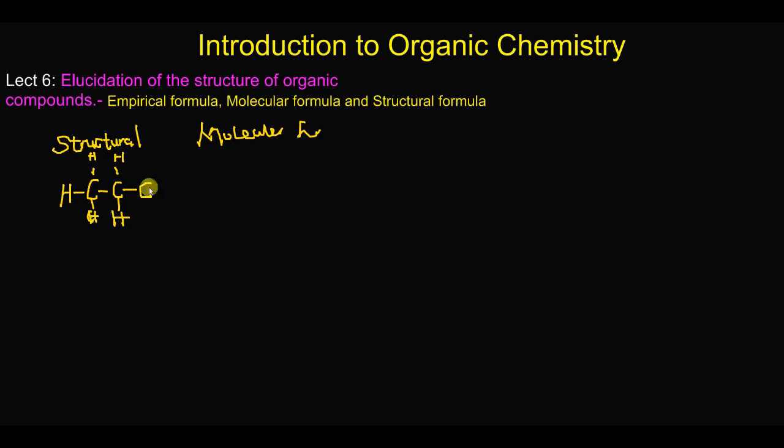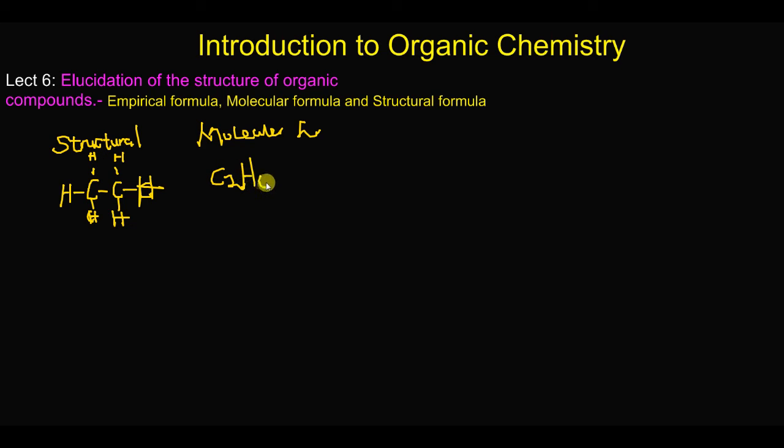How many carbons are here? 1, 2, so 2 carbons. And how many hydrogens? 1, 2, 3, 4, 5, 6. So that is 6 hydrogens.